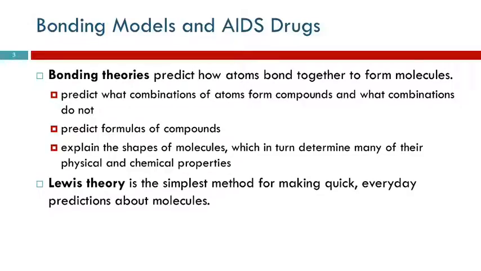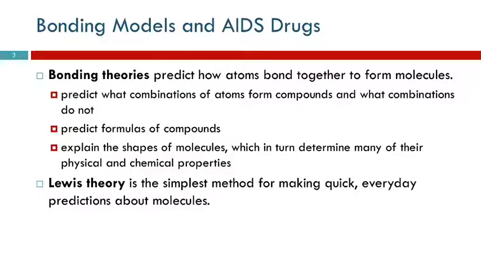So a bonding theory predicts how atoms are going to bond together to form molecules. It can help us to predict what combinations of atoms might form a stable compound and which ones might not. It helps us to predict the formulas of compounds.